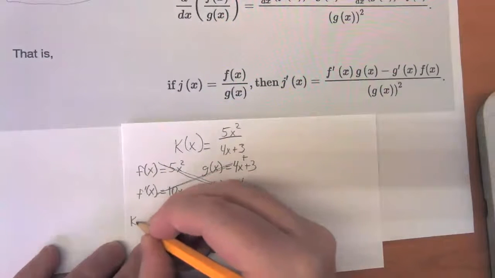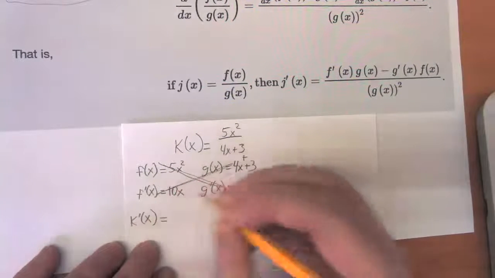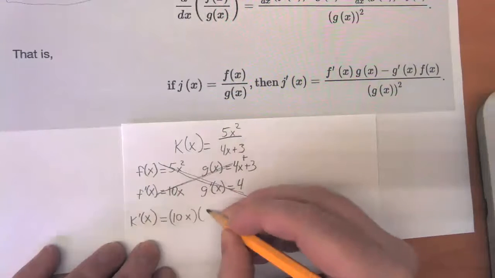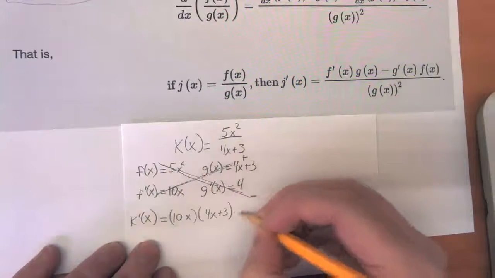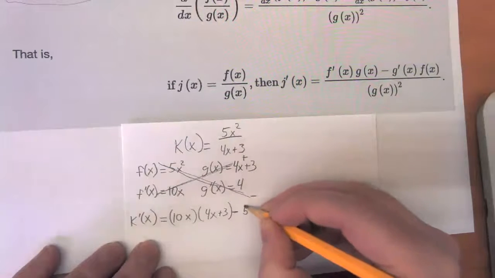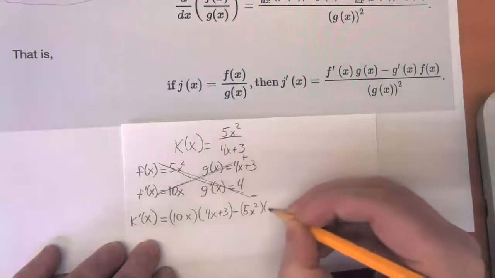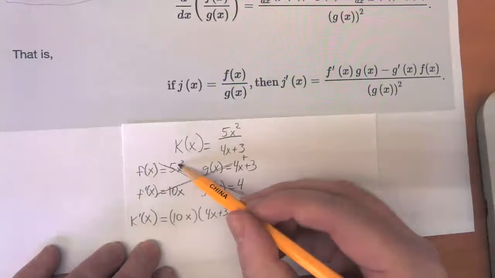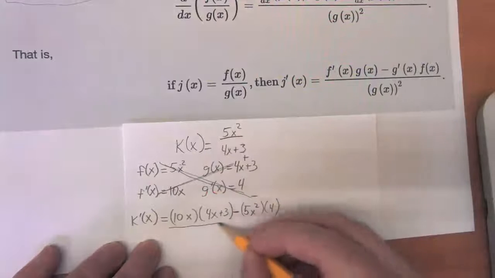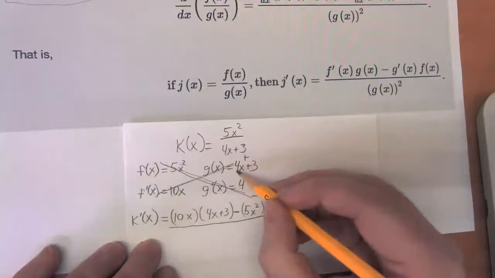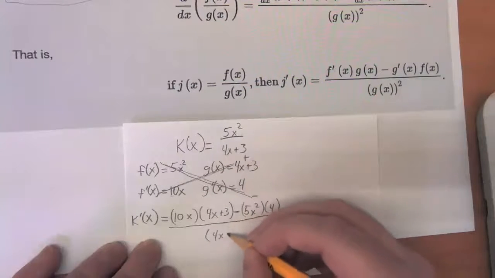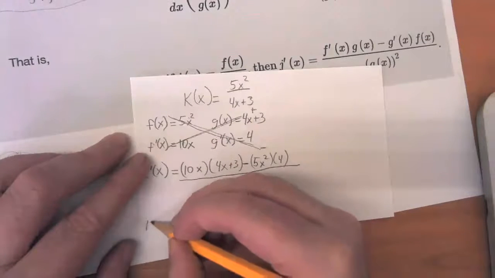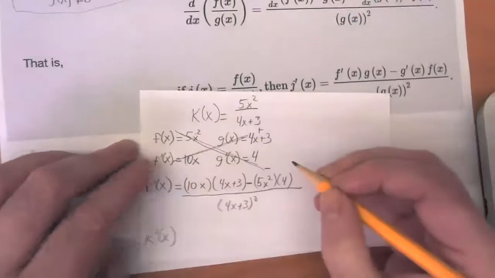All right, so the derivative of k at x is equal to 10x times 4x plus 3 minus 5x squared times 4, all over g of x quantity squared, which is 4x plus 3 squared. All right, and so we can do a little bit of simplifying here.